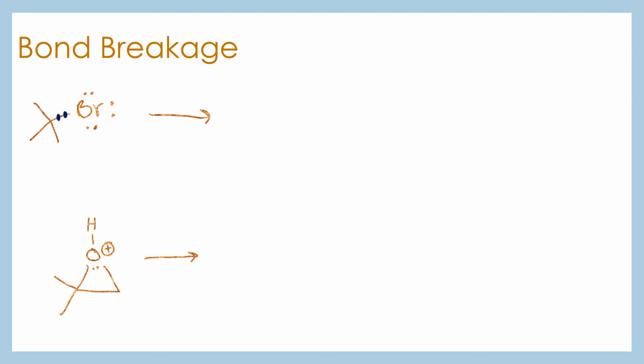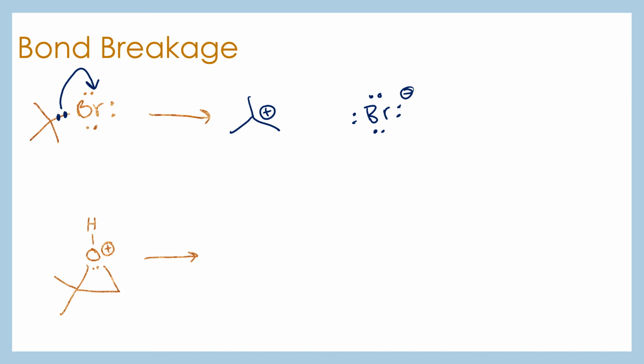So for example, here we have t-butyl bromide. Bromide is perfectly stable on its own, so it is perfectly capable of just leaving the carbon skeleton behind, which would be those 4 carbons, leaving a carbocation and bromide.